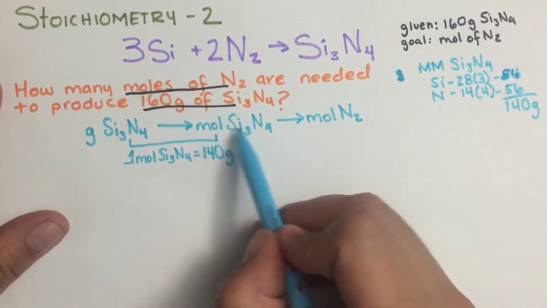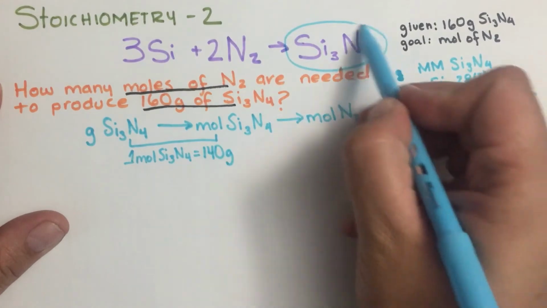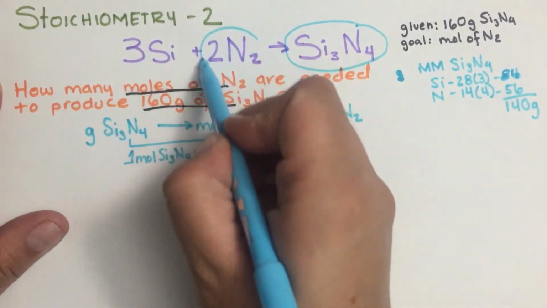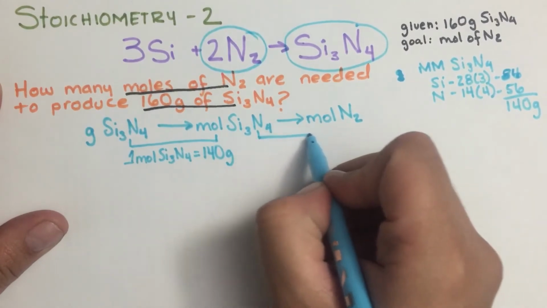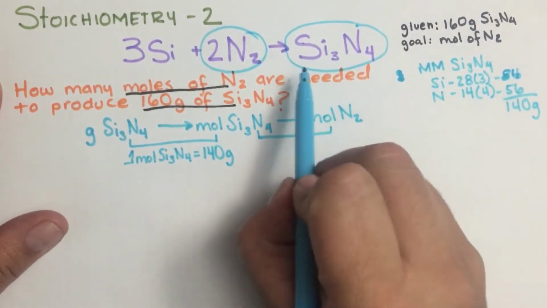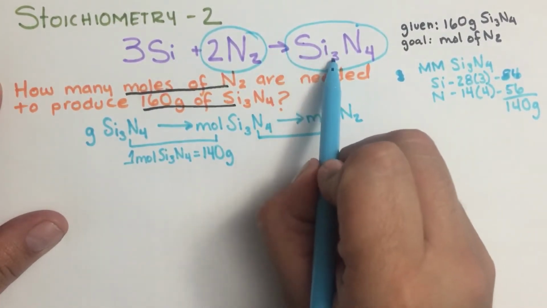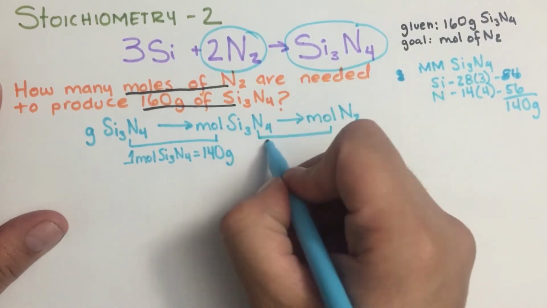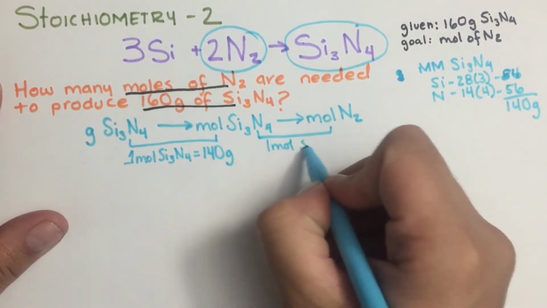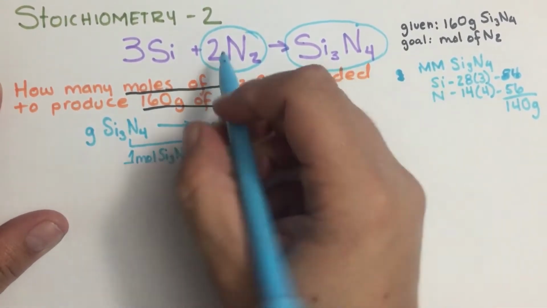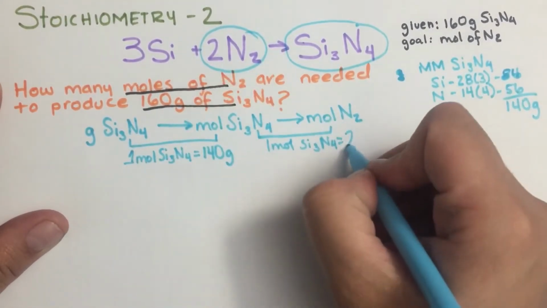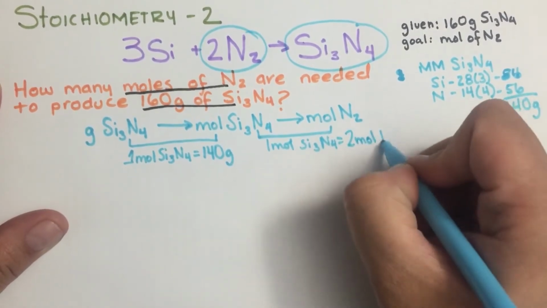Then to go from moles of one thing to moles of another thing, you will use your reaction. And your reaction tells you that for 1 mole of trisilicon tetranitride, you will need a total of 2 moles of nitrogen.